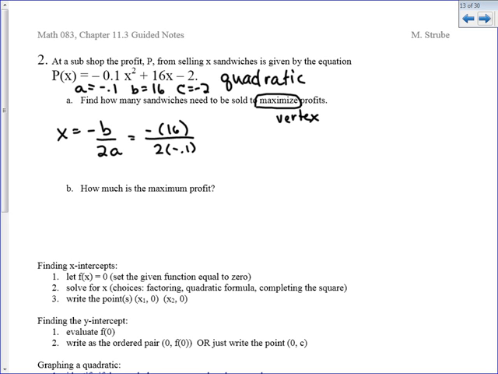In these word problems, make sure these answers are positive. I can't sell a negative number of sandwiches. So I have negative 16 divided by negative 0.2, which is 80 sandwiches. So if I want to maximize my profit, I have to sell 80 sandwiches.